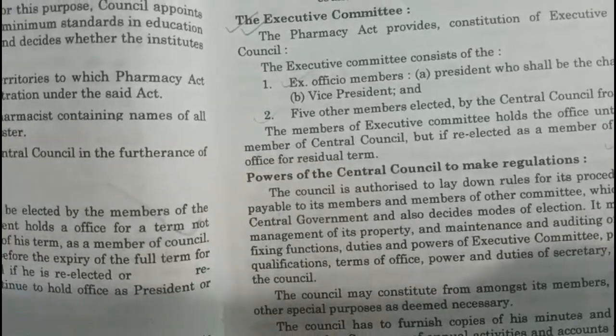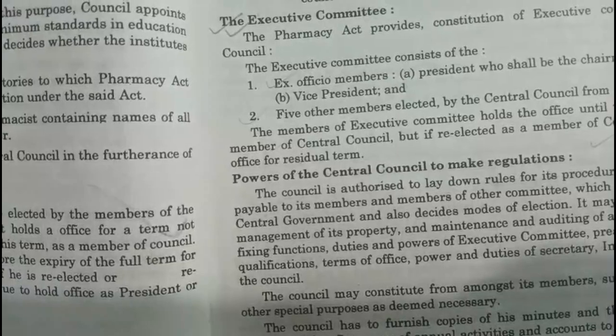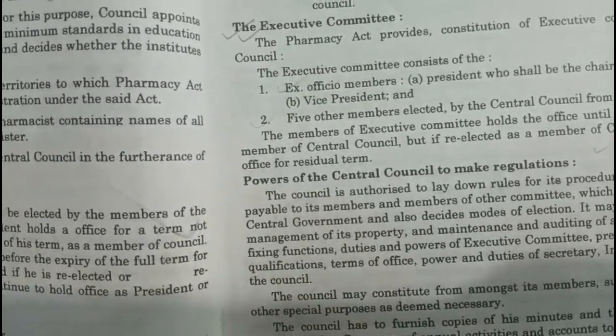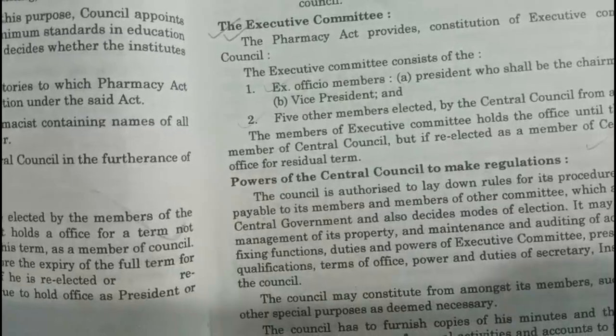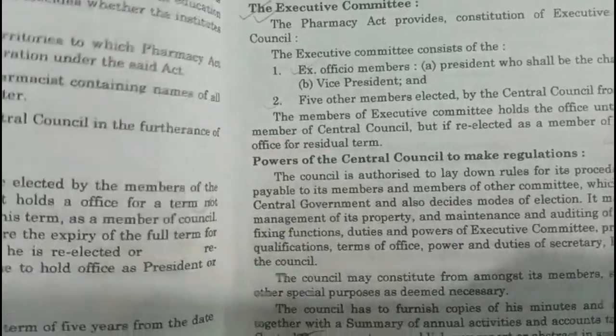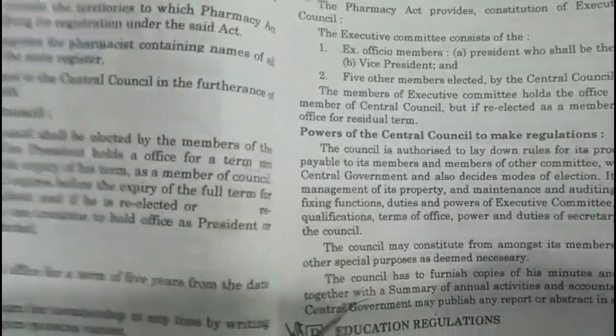Suppose a brief question related to PCI formation, then from the members up to the executive committee members, you have to write all those things. In such cases, you can make points and write.